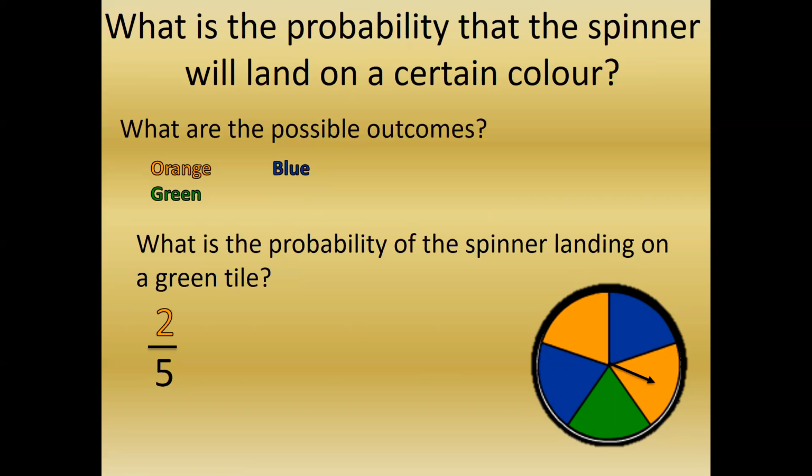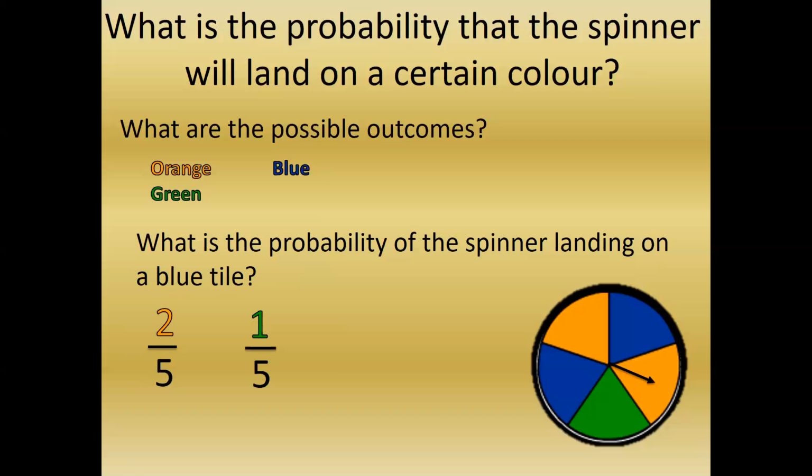Now let's look at the probability of the spinner landing on a green tile. How many tiles are there in total? 5. How many of those tiles are green? 1. So 1 over 5 is the probability of the spinner landing on a green tile.